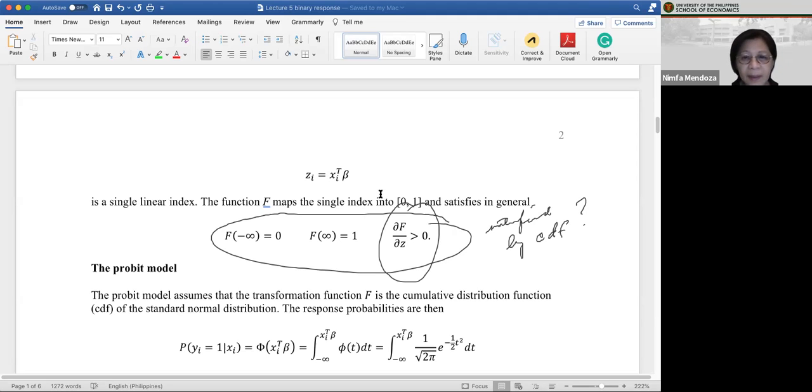Okay. So the response probabilities for the probit would then be: we have the probability that y sub i is equal to 1 given x sub i.